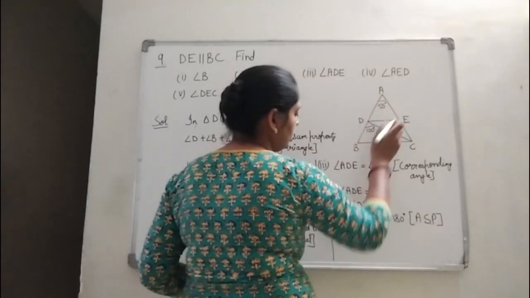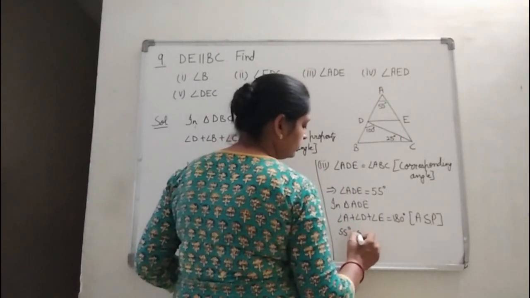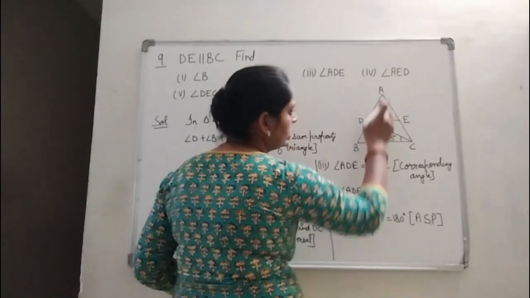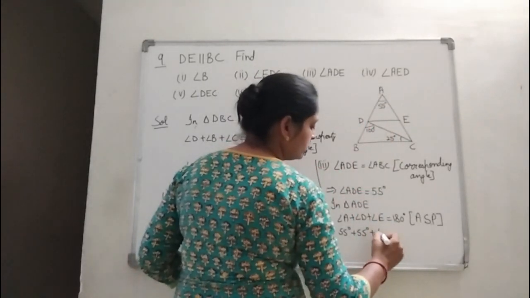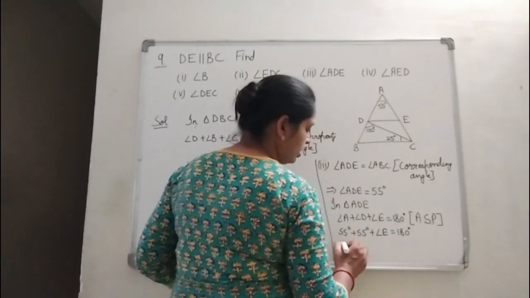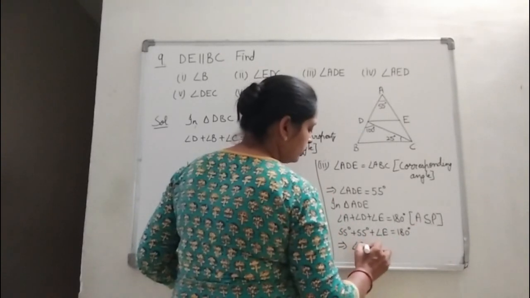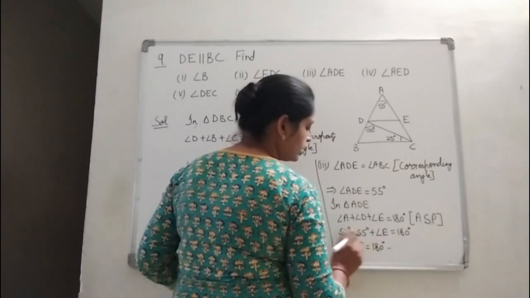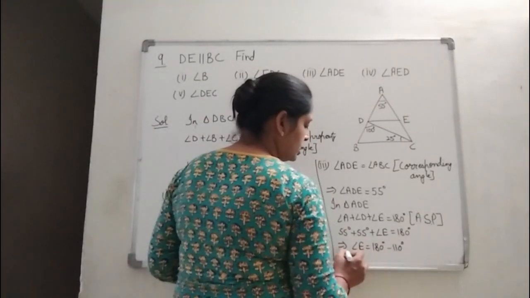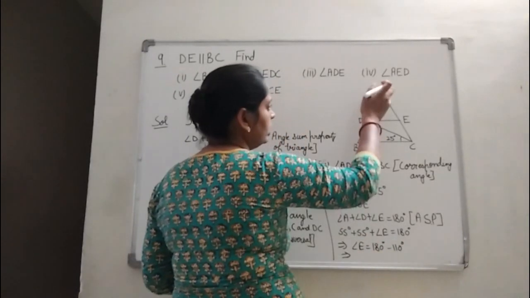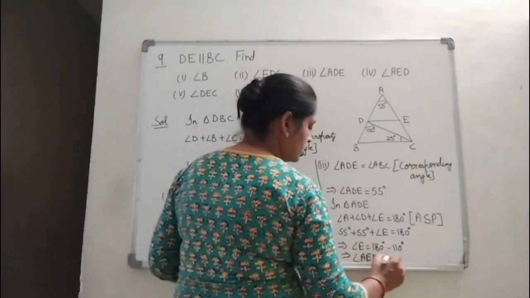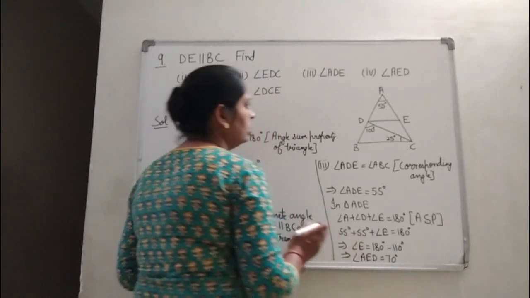Angle D, ADE, we have calculated as 55 degrees only. And angle E, that is AED, is equal to 180 degrees. So from here we got angle E is equal to 180 degrees minus 55 plus 55, which gives 110 degrees. Hence we got angle E, that is angle AED, is equal to 70 degrees.